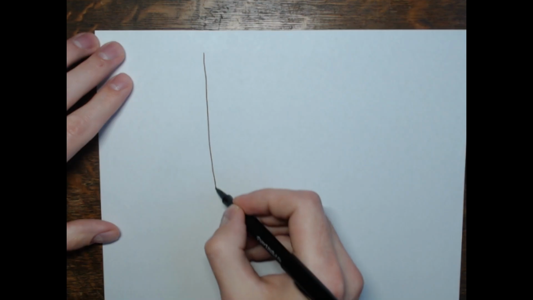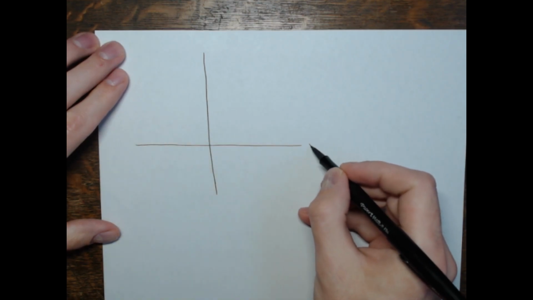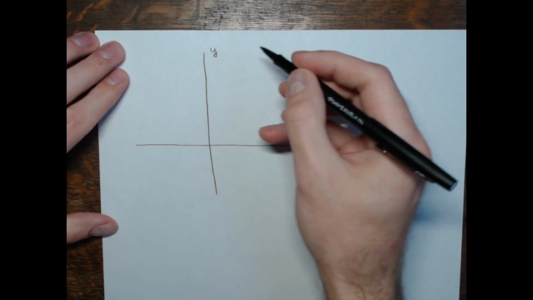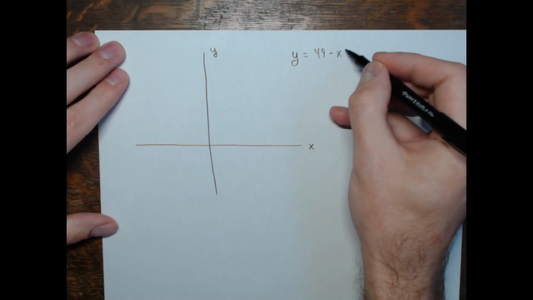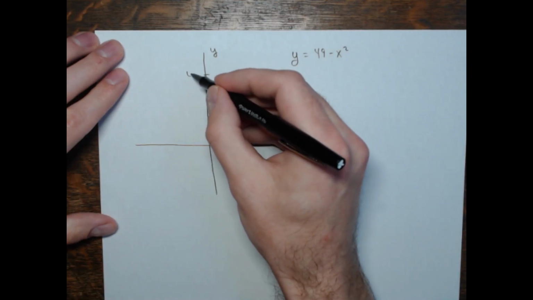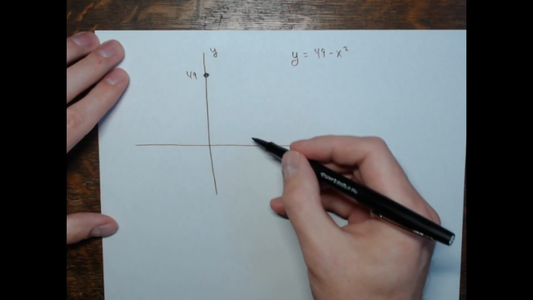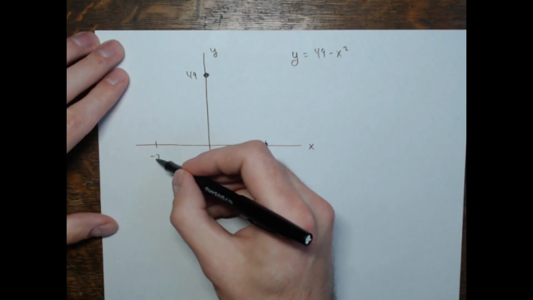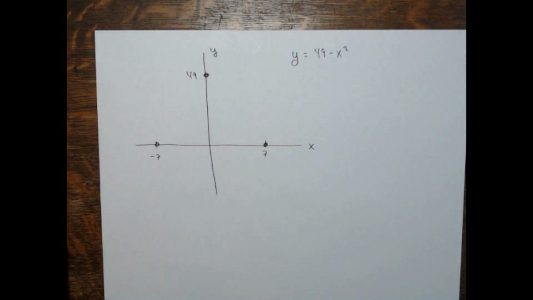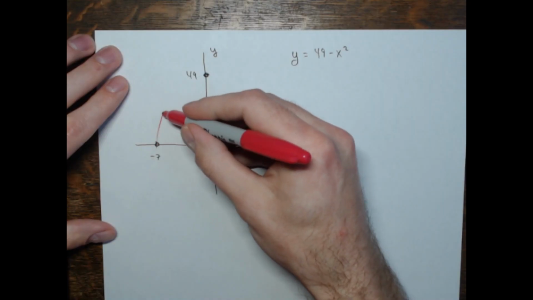So here's what's being described here. Again, you got this graph. And they said here's the XY plane. And look at the graph of y equals 49 minus x squared. So I would have a vertex at 0, 49, x-intercepts at 7, 0 and negative 7, 0, and be some parabola, opening down.